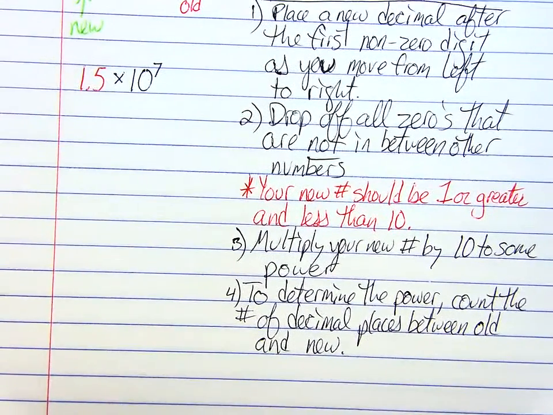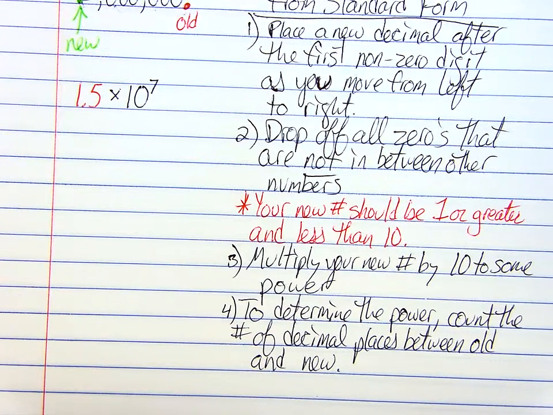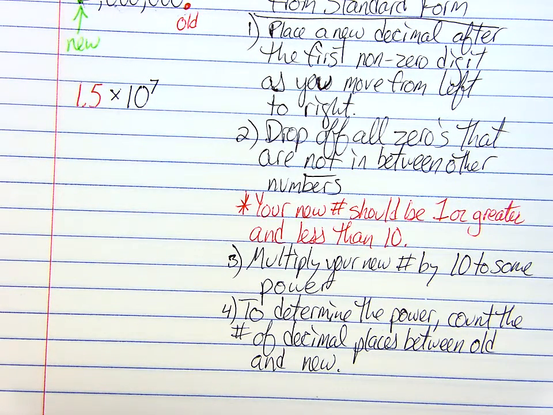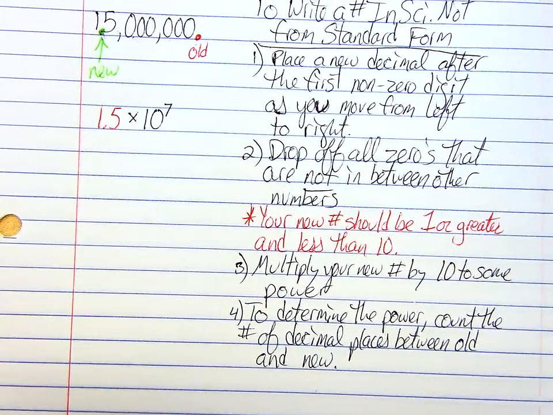So in our case, it was 7. I have to zoom out just a tiny bit to get our number back in. We're going to put a special star after step 4 because something's going to come up.